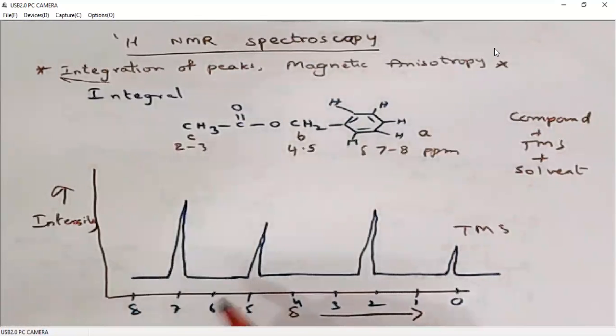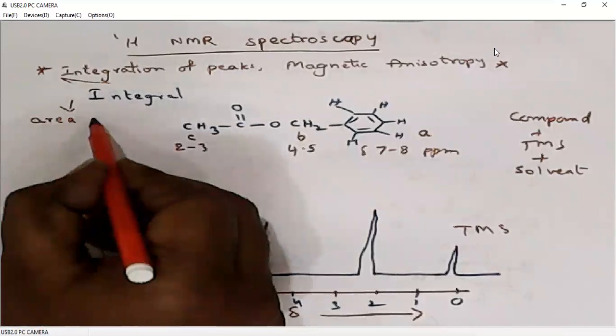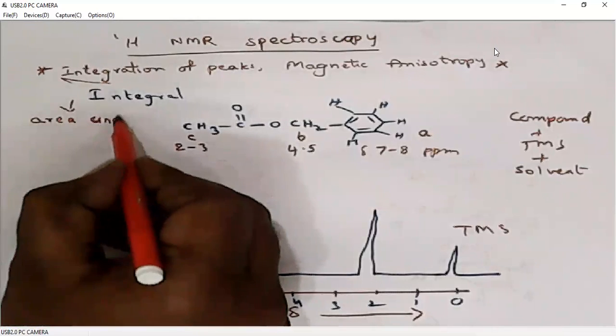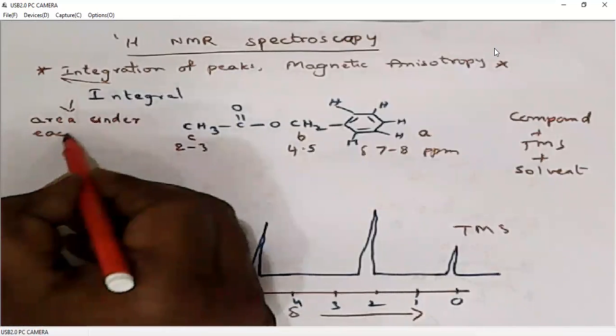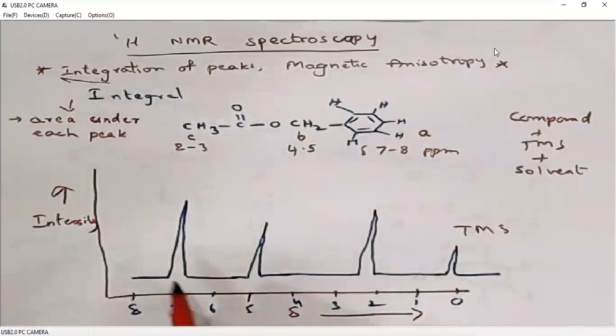Right. Now, when we want to look at the integration of peaks, what is this integration? Integration is nothing but the area under each peak. So when we are doing integration, we are calculating the area under each peak.